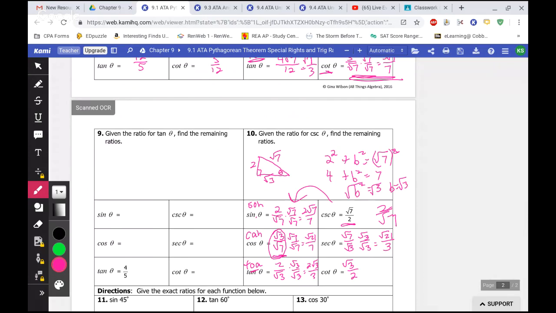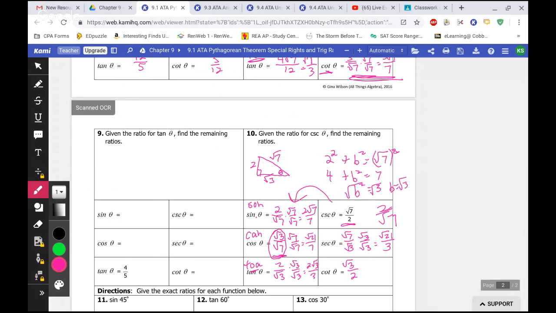What is tangent? Tangent is opposite over adjacent. Correct.